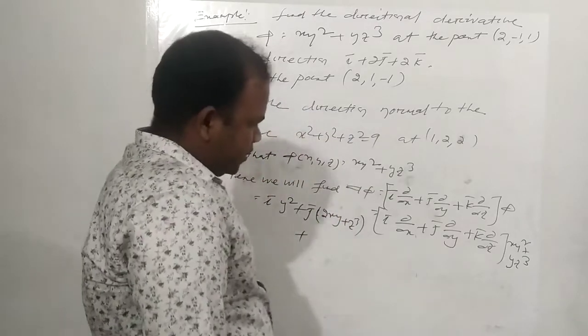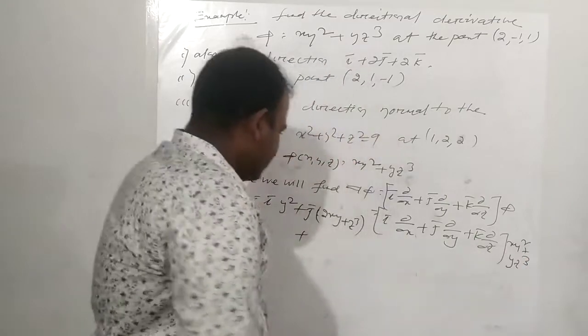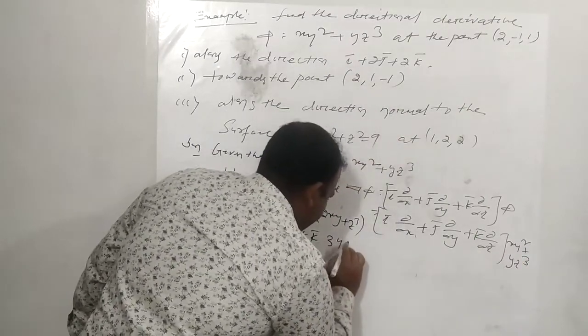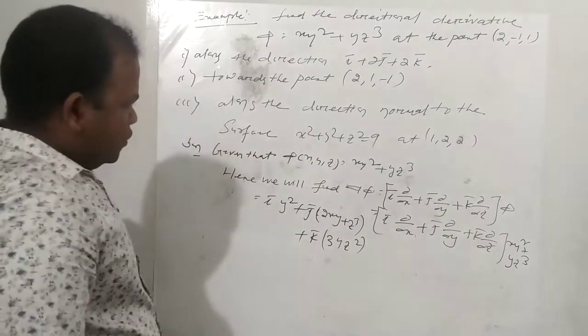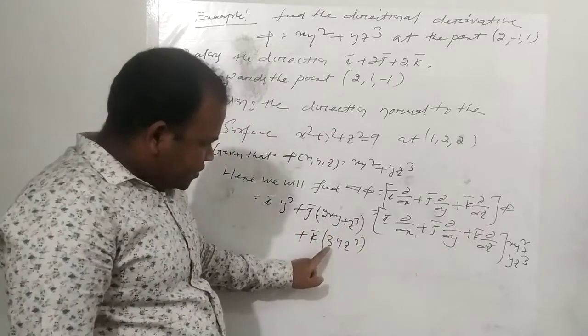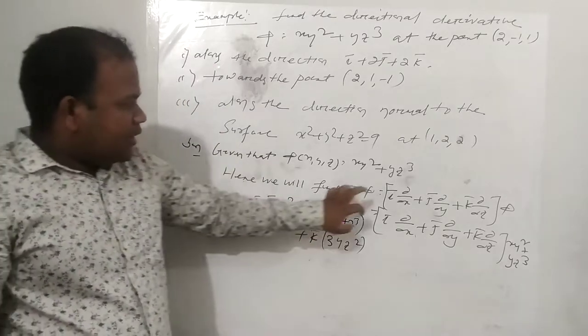Differentiate with respect to z: the first term is 0, plus k times 3y z square. So del phi is y square i plus (2xy plus z cube) j plus 3y z square k. So this is the value of del phi.